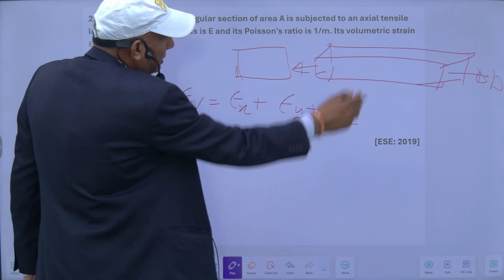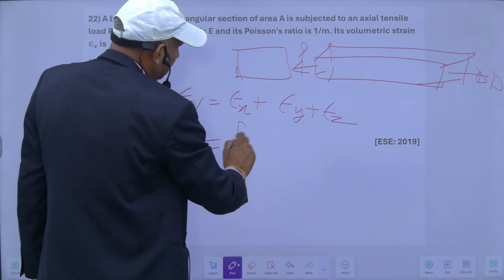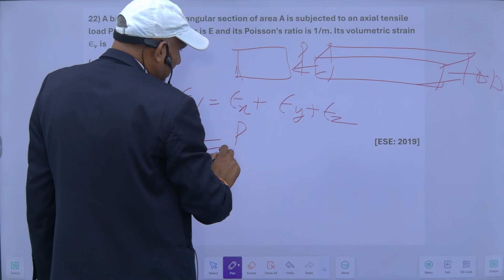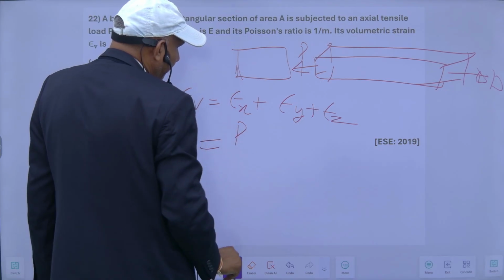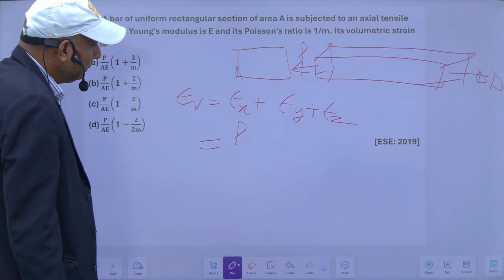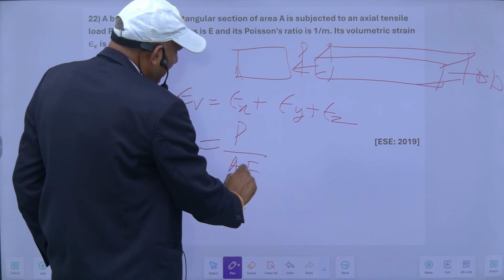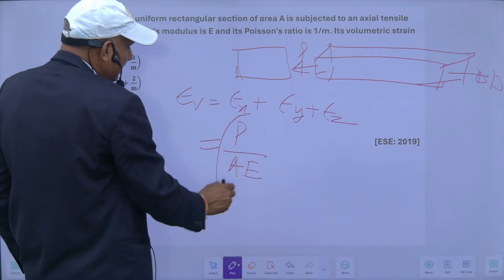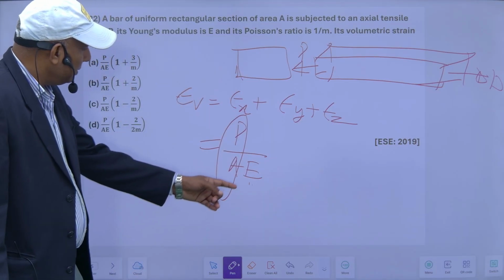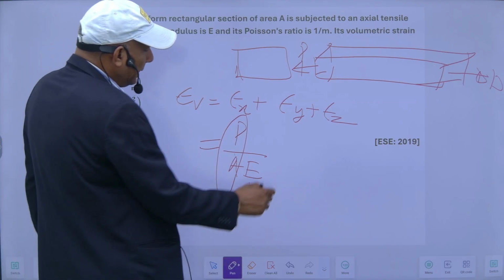So in the x direction it will be, suppose load is P, then P upon A is stress, and strain is equal to stress upon E. So this is my formula, stress upon E, this is stress, this is E, it will give strain.